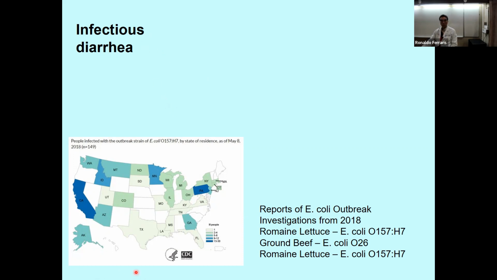This map of the United States shows you the number of E. coli outbreaks in 2018, and the dark blue ones have more outbreaks. And here in New Jersey, we do have a fair number of outbreaks.